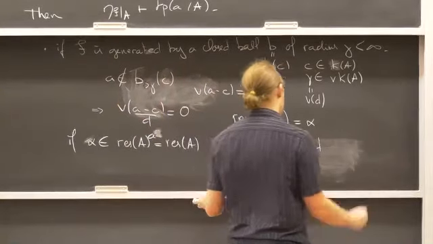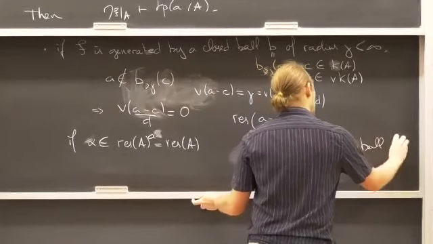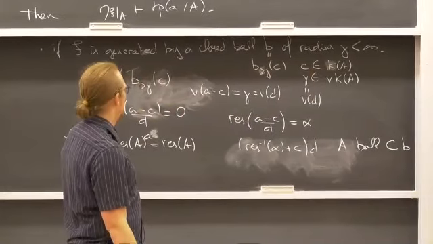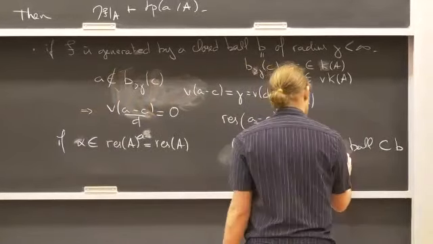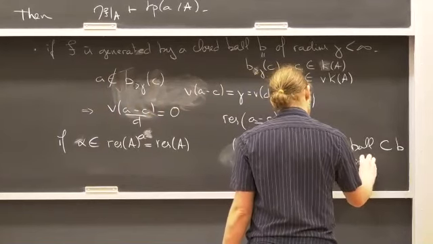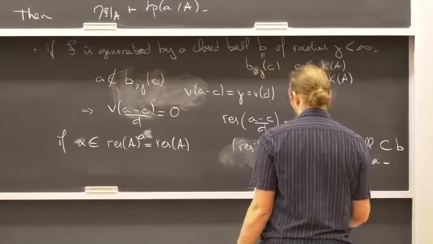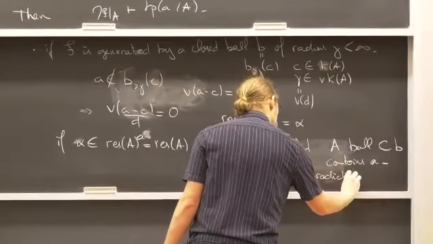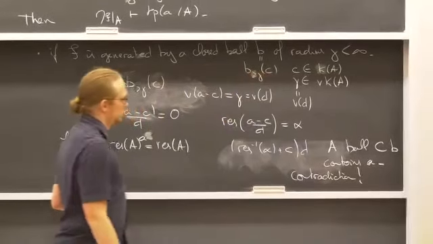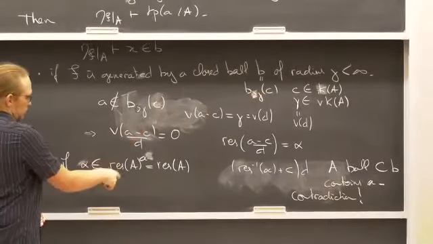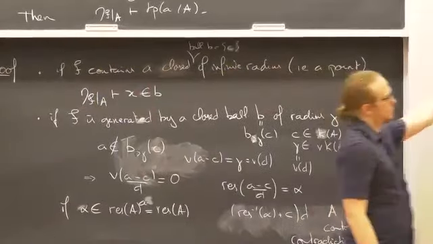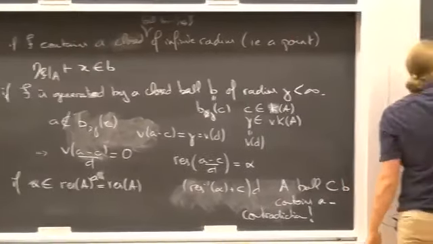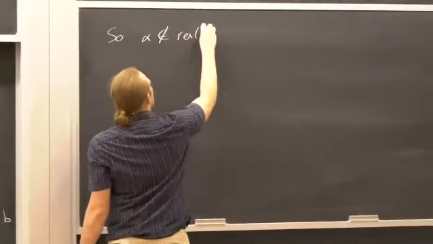This is an A-ball, which is strictly contained in B, and it contains A. So we have a contradiction. So this is not possible. So alpha is not in res of A.